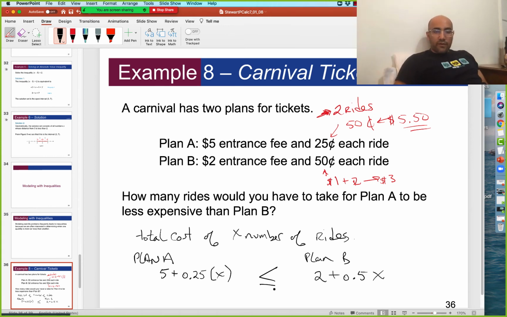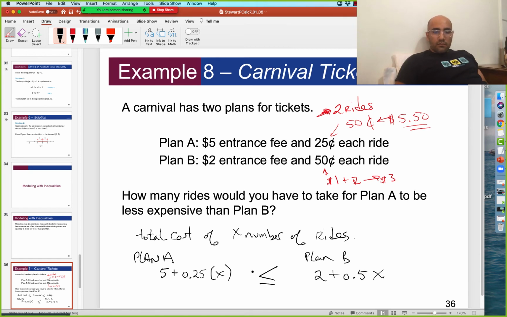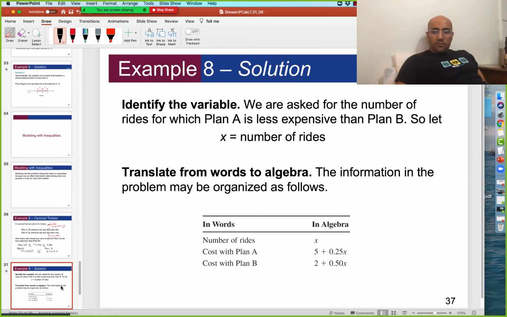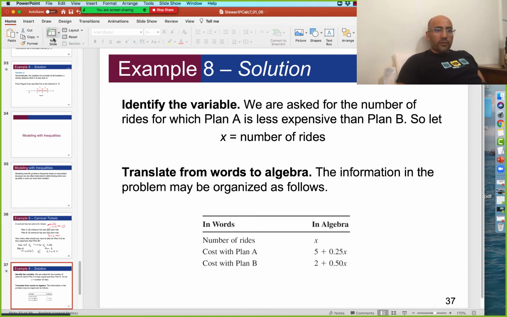That should be fairly easy. Okay, so x is the number of rides. Under Plan A, it's 5 plus 0.25x. Under Plan B, it is 2 plus 0.5x. So that's the inequality we need to solve.